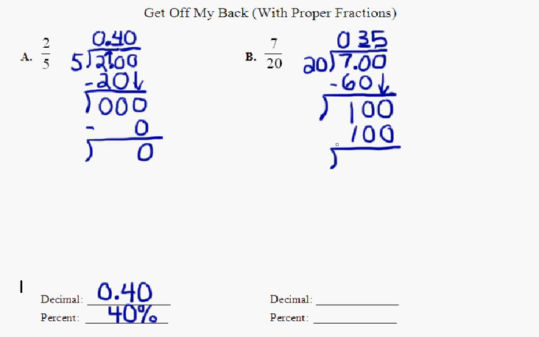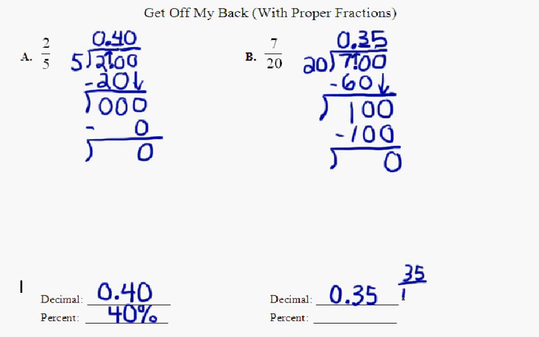Subtract, subtract, subtract. That, my friends, is 0. Don't forget to pop it like it's hot at the end. And we find that 7 over 20 is the same as 0.35.